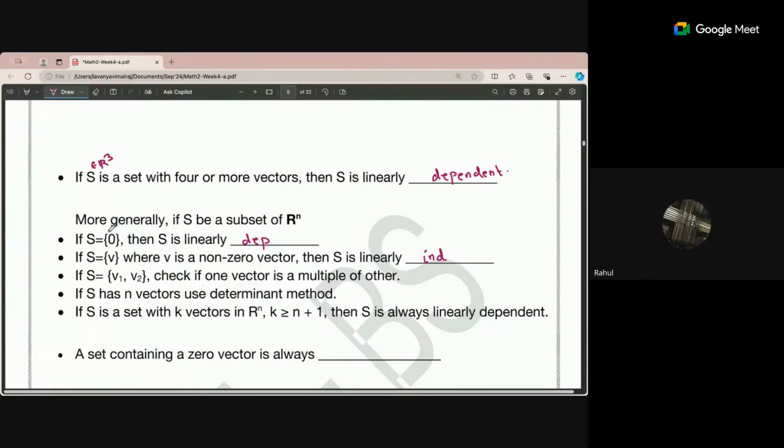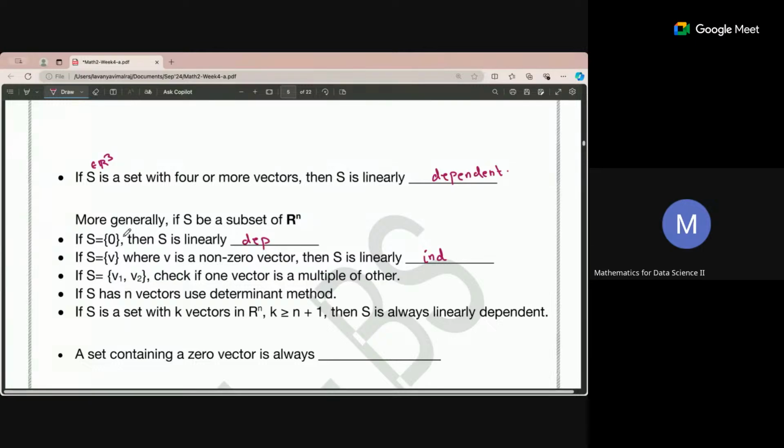About the zero vector, if a zero vector exists in the set, then we declare it dependent. And we also know that every vector space needs to have the zero vector. So does that mean every vector space is basically a dependent set? If you are considering the vector space, obviously it should be a dependent set, because a vector space contains all the vectors.